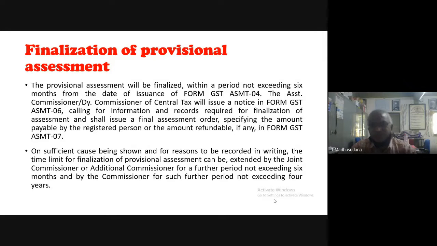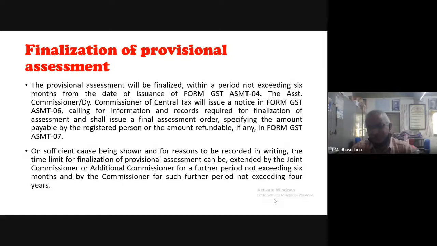That means usually the final assessment will be done within 90 days. But in special circumstances, this period may be extended by the Joint Commissioner or Additional Commissioner for a further 6 months. And in the case of the Commissioner, the Commissioner has the power to extend the period up to 4 years.